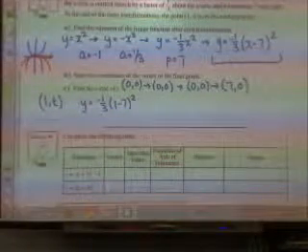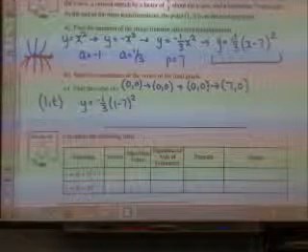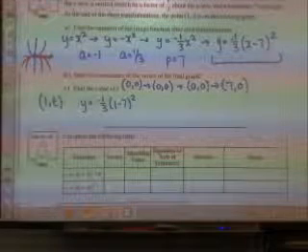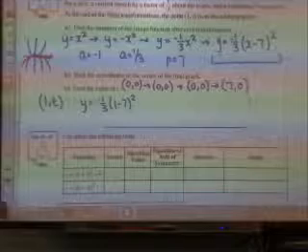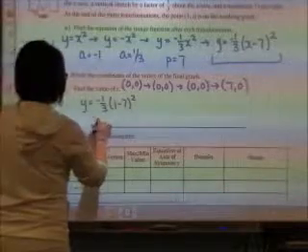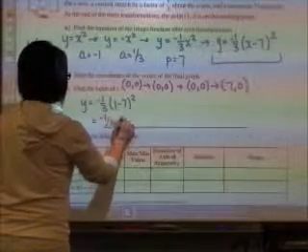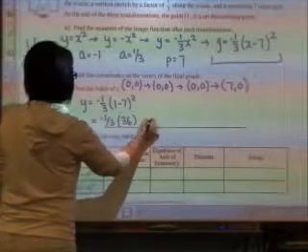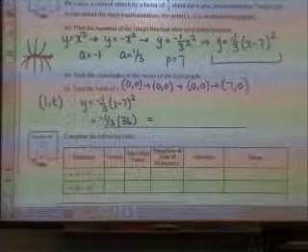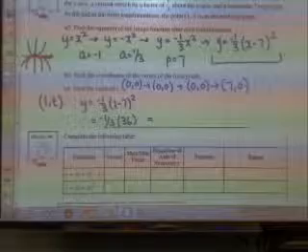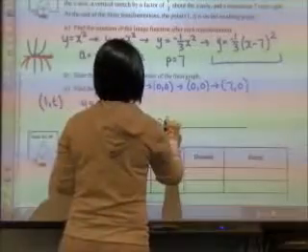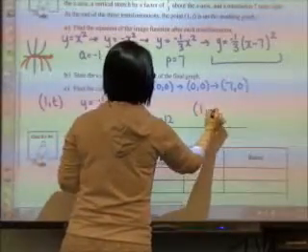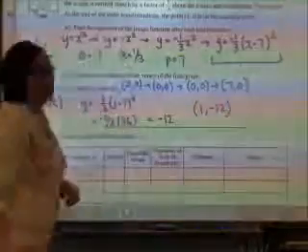So 1 minus 7 is negative 6 squared. So I'll get negative 1/3 times 36, which would equal negative 12. So the point would be 1 and negative 12.